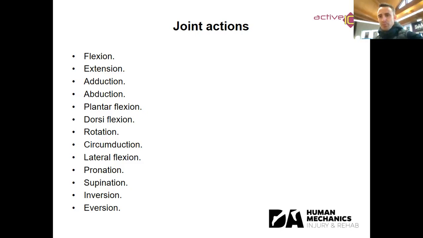And again, as the course progresses, it's really important to know what movements are available at the joints. Because when we start talking about muscles and what movement a muscle creates, then we're basically tying these together. Because joints don't move by themselves. These bones don't move by themselves.